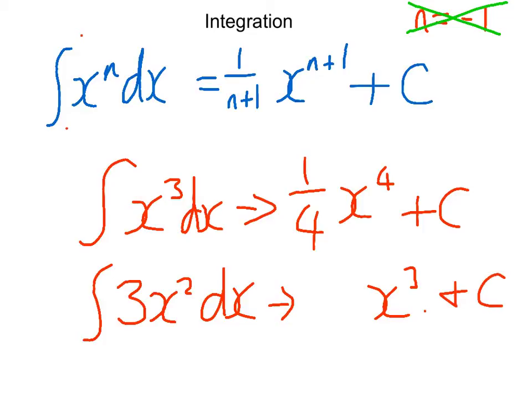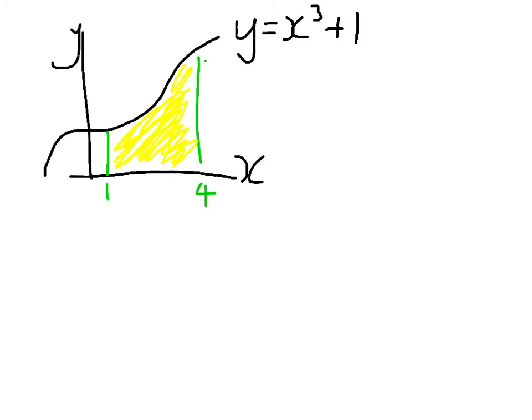So that's our integration side of things, and integrating is used to find the area under a curve. So we can integrate to find the area under a curve, and you could have two values, a value here and a value here, and that would tell me that if I'm looking at a curve, I can work out the area underneath it.